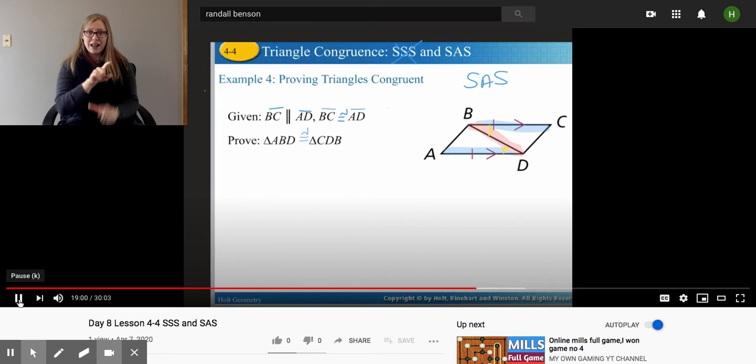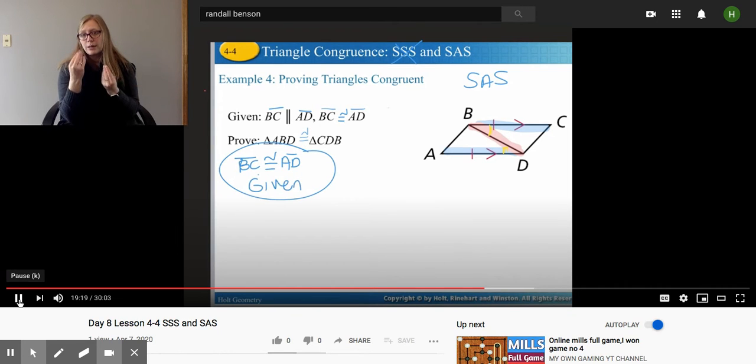So let's go through and write those things down. I'm going to use the blue pen and we'll talk about the first bit of information. The first bit says side BC is congruent to side AD. How do I know that? It's given. So that's the first side. Then let's talk about the angle that's the included angle.